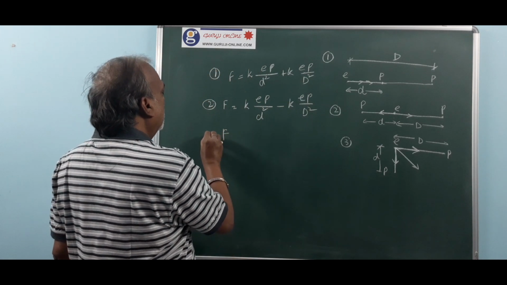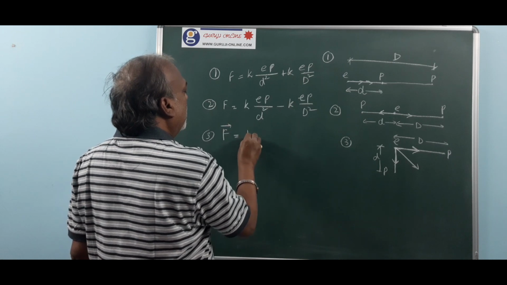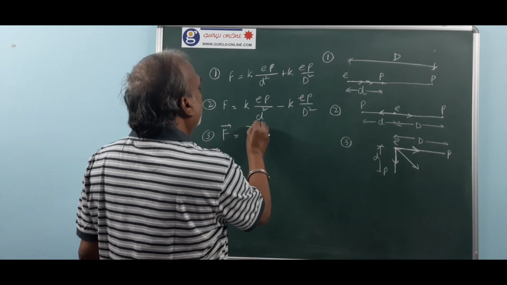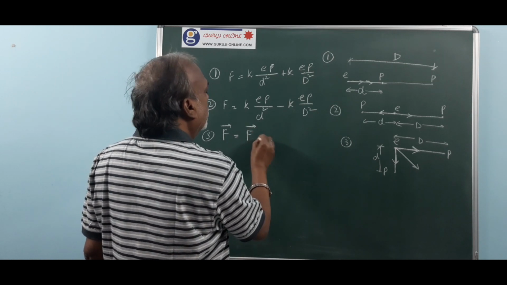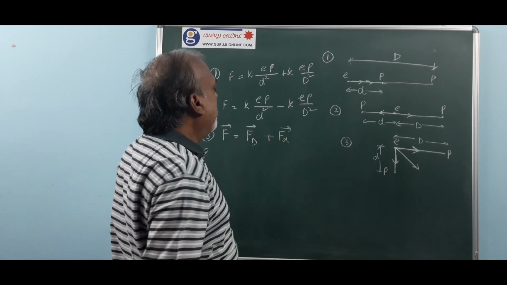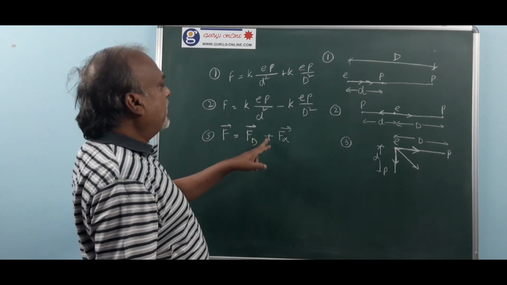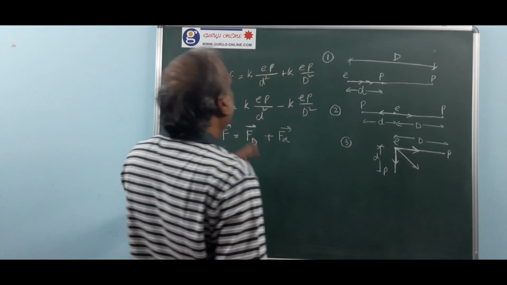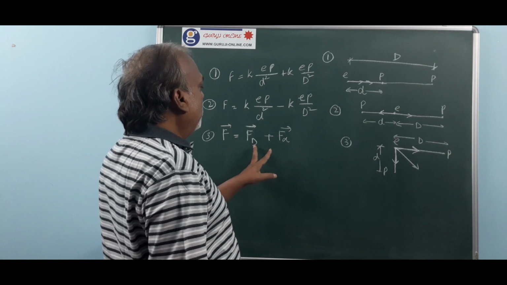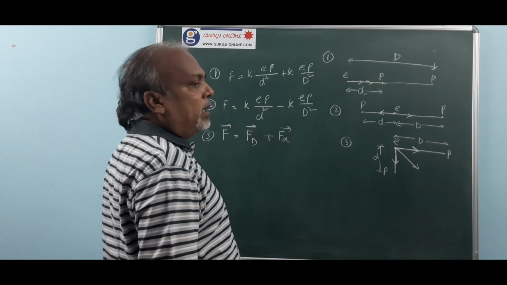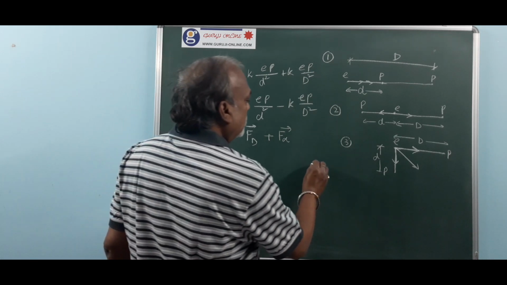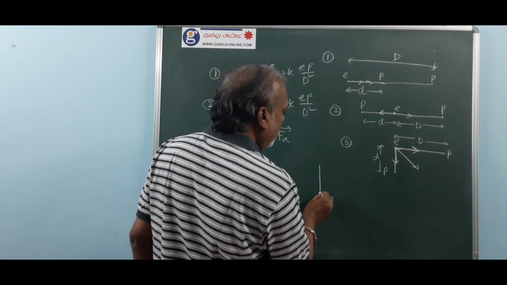The force in the third case will be the vector sum of Fd and Fd, which will be like this. So naturally, in this case, it will have the maximum force, the second will be in between, and here it will experience the least force.